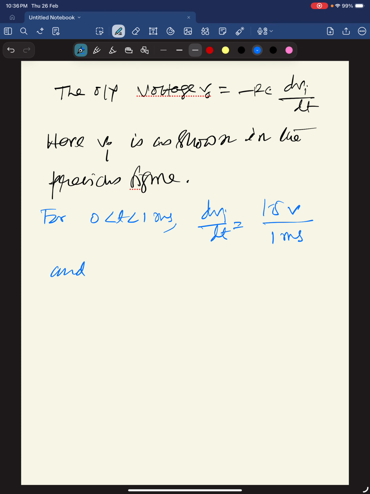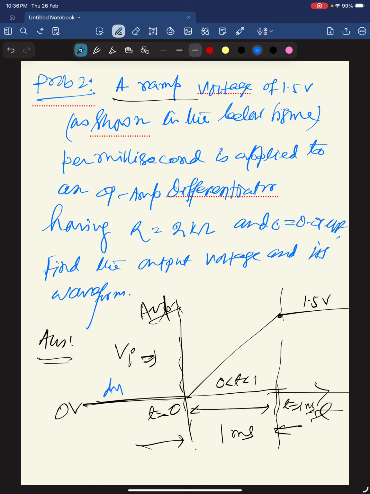And in any other case dVi by dt is equal to 0, because here dVi by dt is 0, here also dVi by dt is equal to 0, this region also. Only here dVi by dt exists.